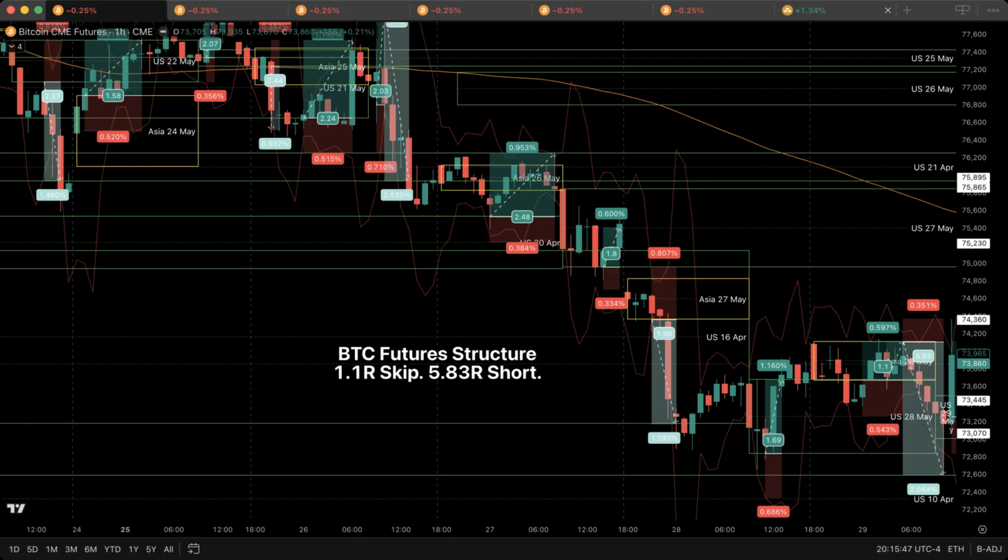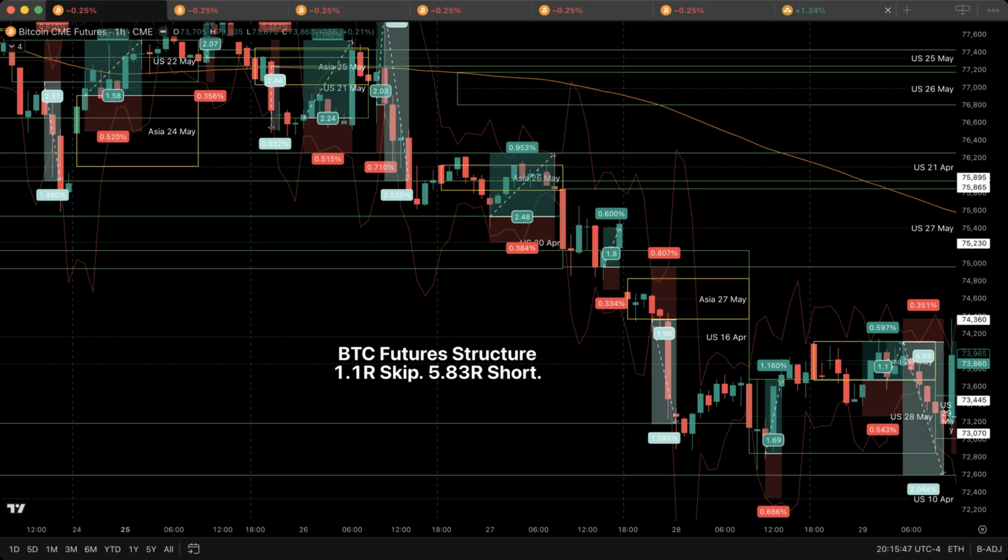A balanced trader can take 25%, then 50%, then 25%. An aggressive trader can take 20%, then 30%, then 50%. But the percentages do not create the edge. They only manage a trade that already has structure.